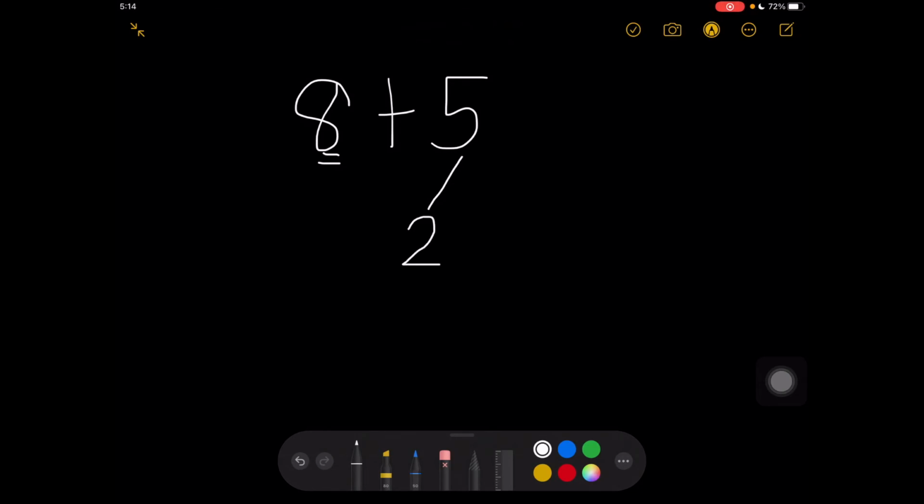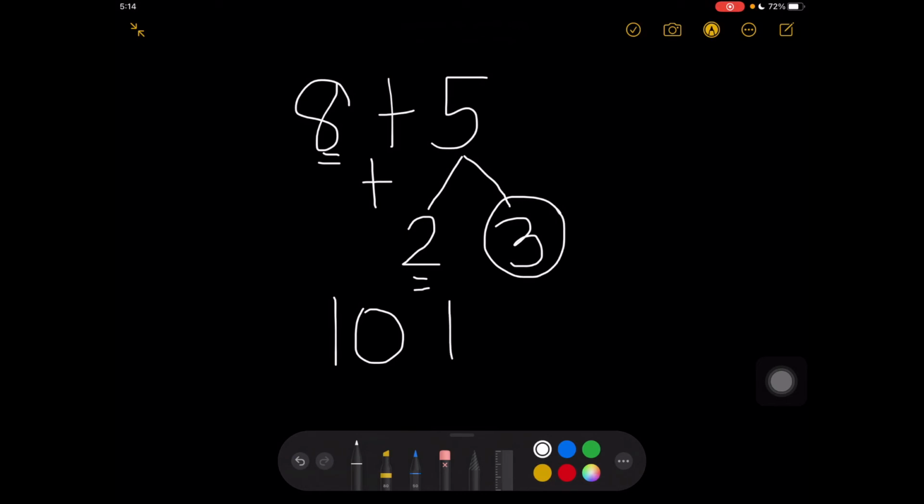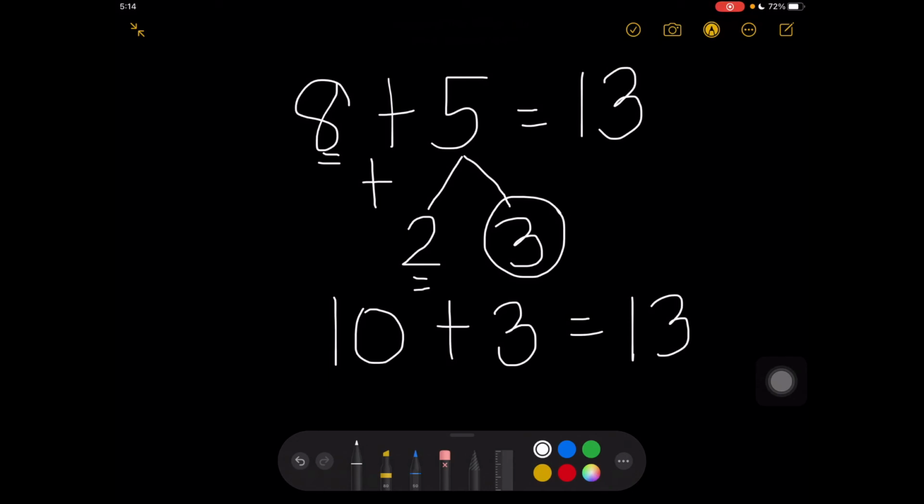And what will you add to 2 to make a 5? That will be 3. Add the pair of numbers that will make a 10. 8 plus 2. That would be 10. Add the remaining part. That would be 3. 10 plus 3 is 13, which makes 8 and 5, 13 as well.